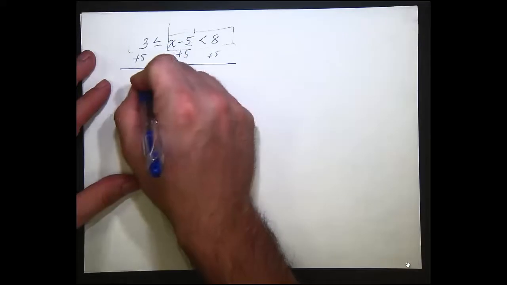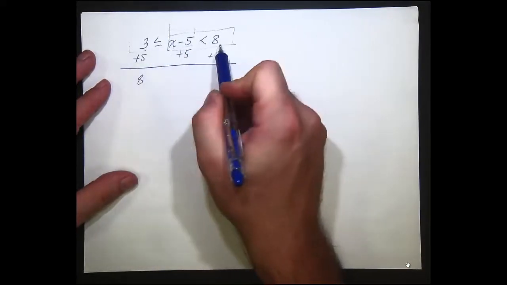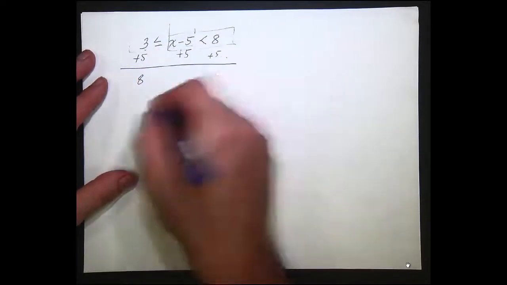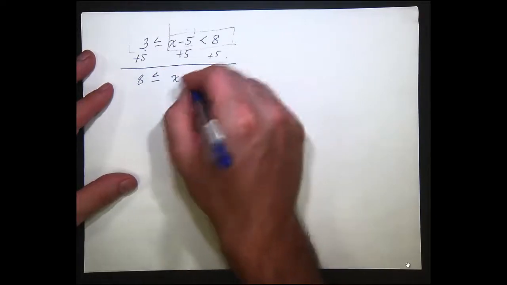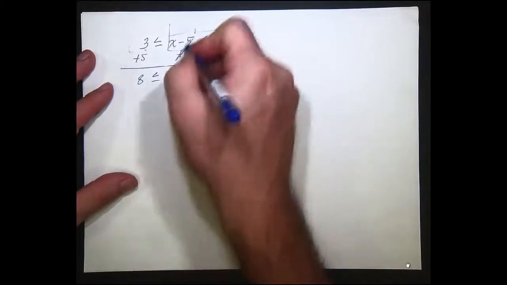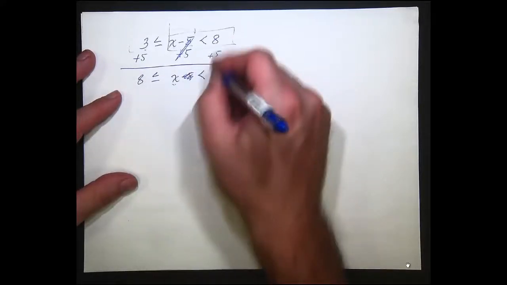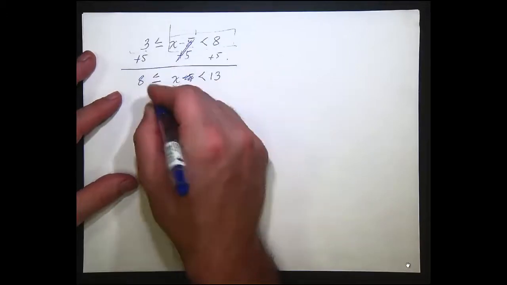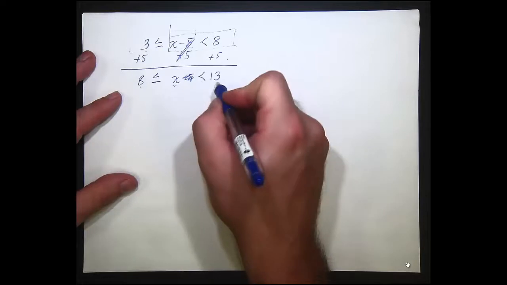We can just go, oh, because 3 is less than or equal to x minus 5, which is less than 8. That means adding 5, adding 5, adding 5, that x minus 5 is between, oh, 5 is gone, that x is between 8 and 13 with the possibility of being equal to 8 because it's bigger than or equal to 8 and less than 13.